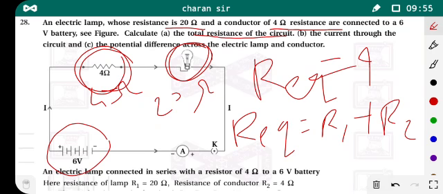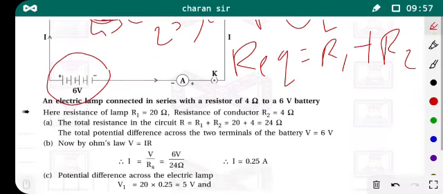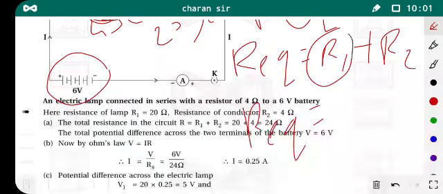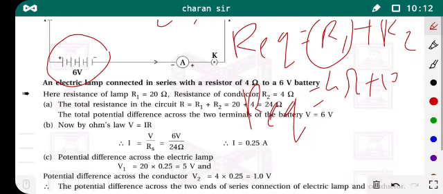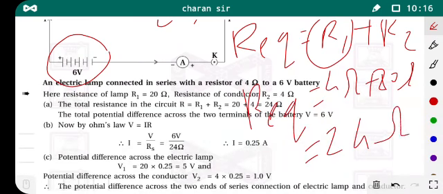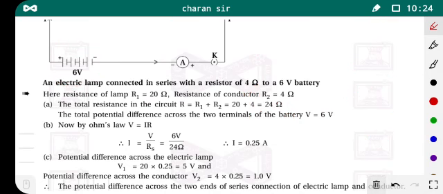So your equivalent resistance, that is R equivalent, is equal to R1, that is the conductor of 4 ohm resistance, plus R2, that is your electric bulb which has resistance of 20 ohms. So 4 plus 20, you get 24 ohms. So this is your first answer: the equivalent resistance in the circuit is 24 ohms. Okay, this one.